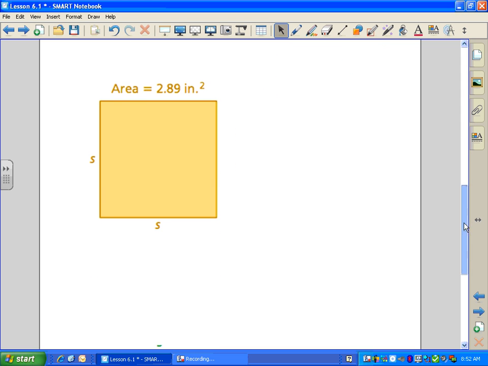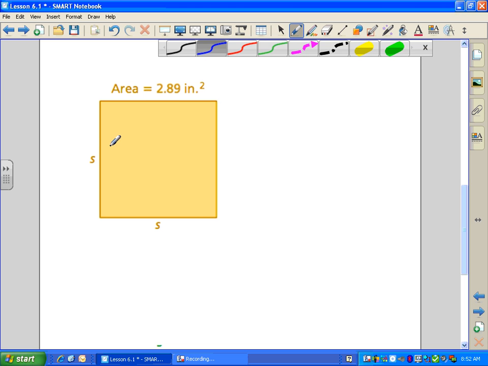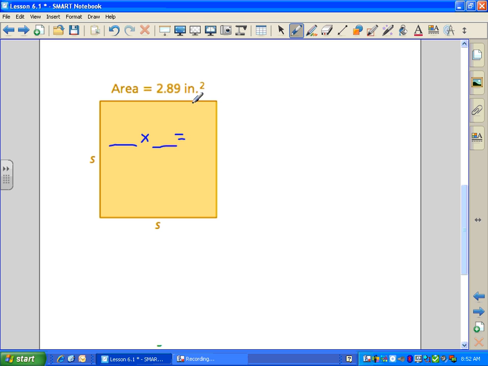So let's take a look at a couple more examples. They want us to find the length of the side for this square. They tell you the total area is 2.89 inches squared. So that means I'm going to need two numbers that when I multiply themselves gives me a result of 2.89.